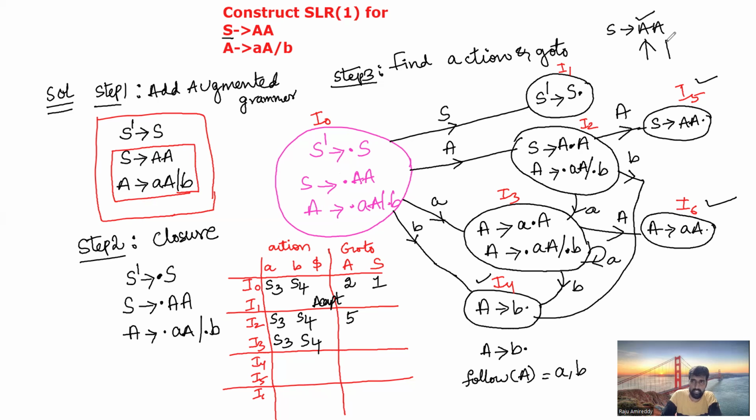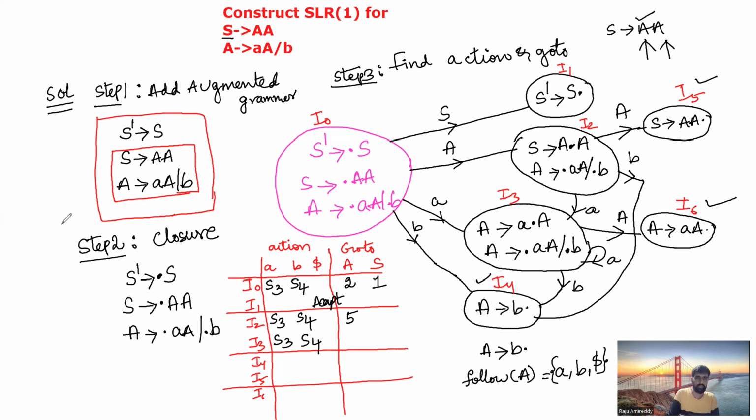Again, I have capital A here, so for this capital A, follow is follow of S. What is the follow of S? Follow of S dash. Initially, the follow of S dash is dollar. So this is the way to represent it: A, B, dollar.